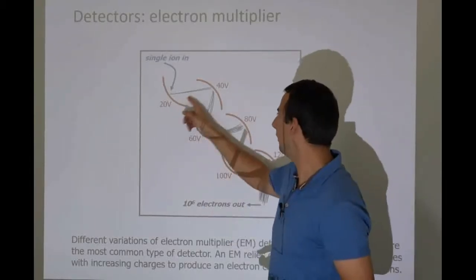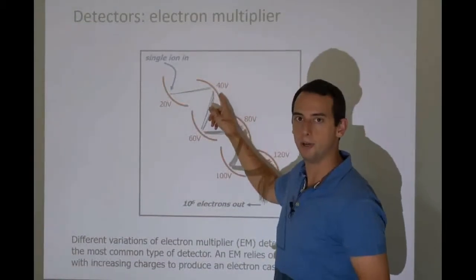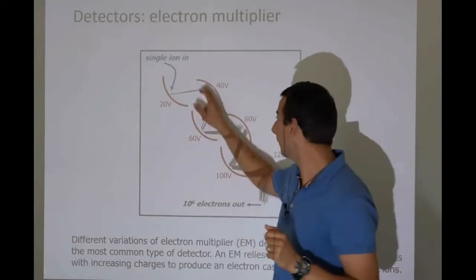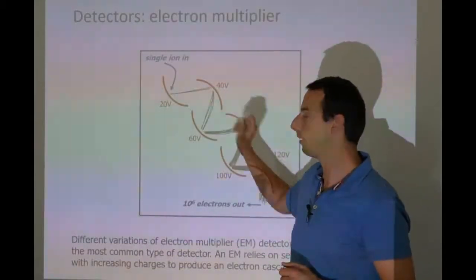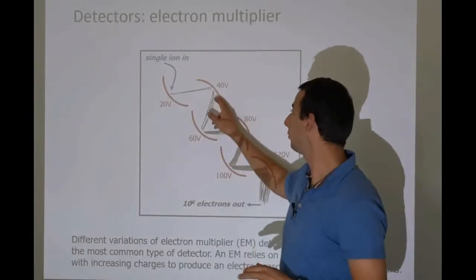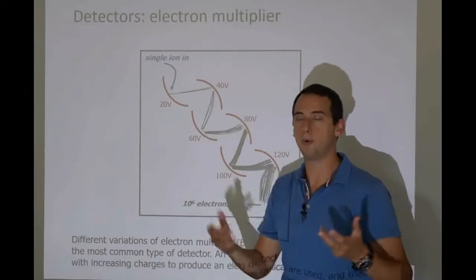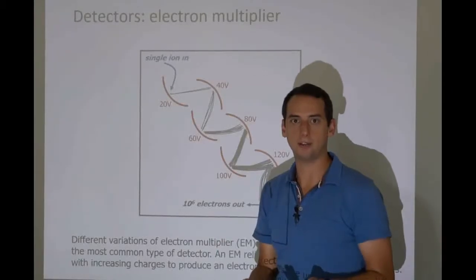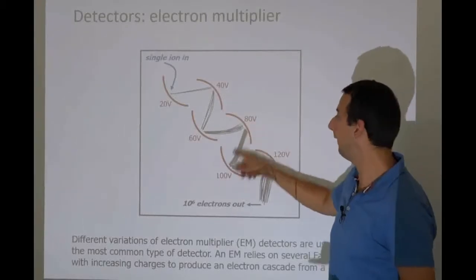Now, since we have another dynode with a higher voltage somewhere, these electrons are now attracted to the second dynode, and they start accelerating towards that electrode. They too are going to hit that electrode, and every time one of these two, three, four electrons hits the plate, they're going to knock free a further few electrons, which are then attracted to the next plate, and the next plate, and the next plate.